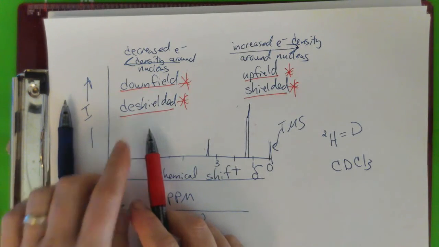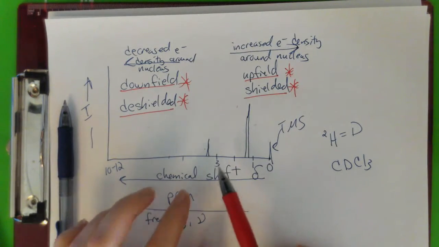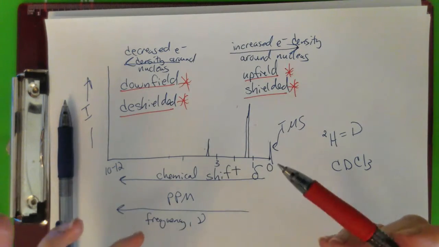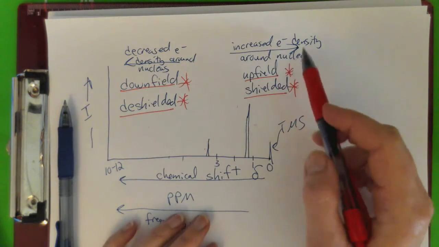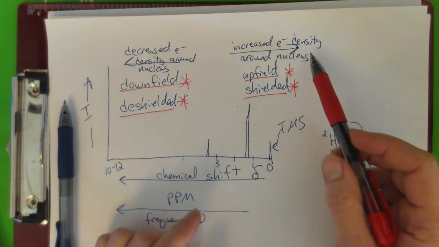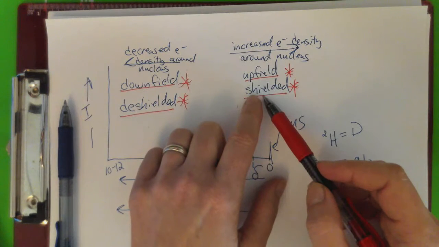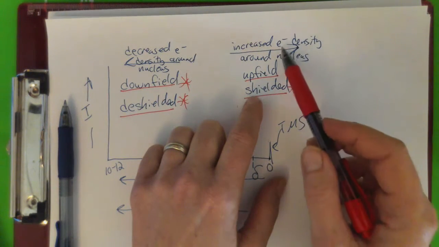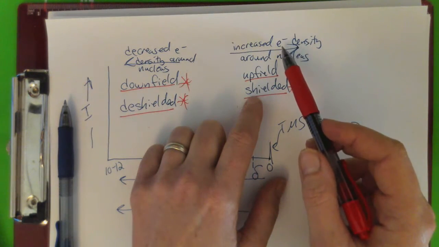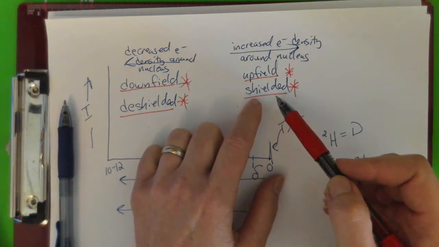Okay, so where a proton absorbs depends on its electronic environment or its chemical environment. Protons that have increased electron density around their nucleus end up being what we call shielded from the external magnetic field that's applied, because these electrons are also spinning on their axis and creating a magnetic field that can oppose the external magnetic field.